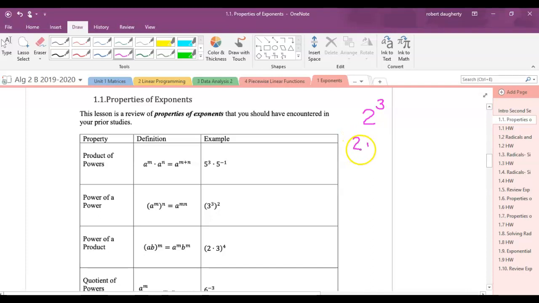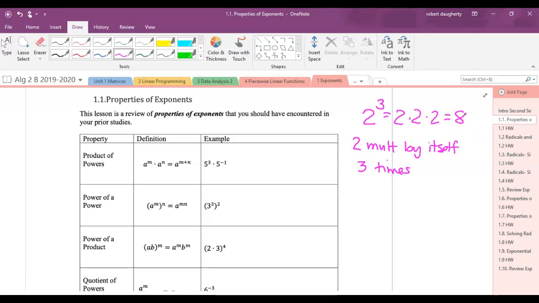All it really means is this is repeated multiplication. This is a 2 multiplied by itself how many times? 3 times. That just means 2 multiplied by itself 3 times. So this is 2 times 2 times 2, which is 8. Okay? So that's all exponents are, repeated multiplication.